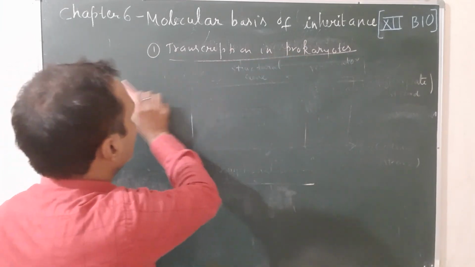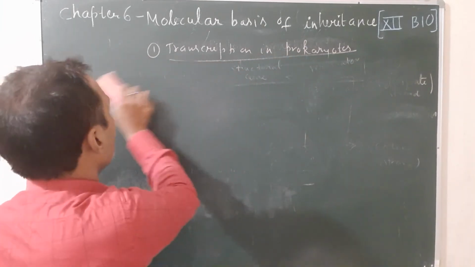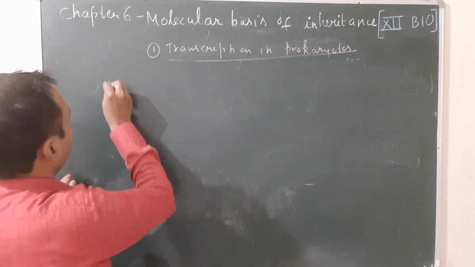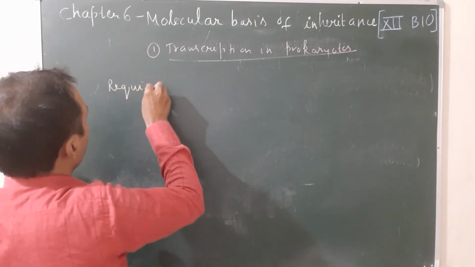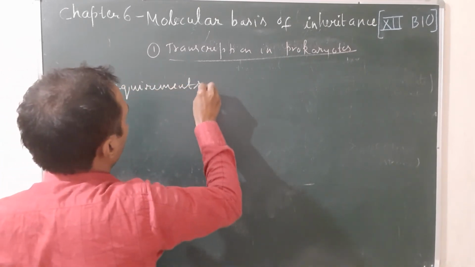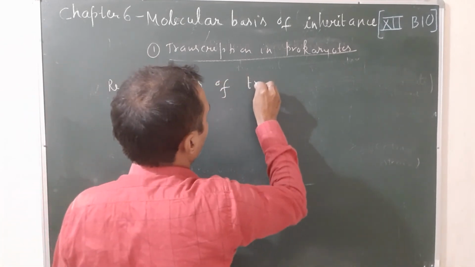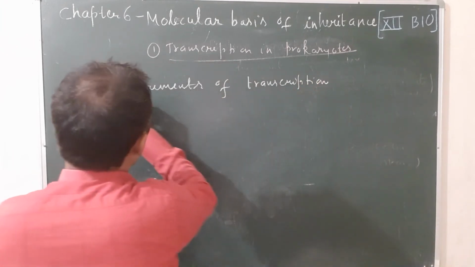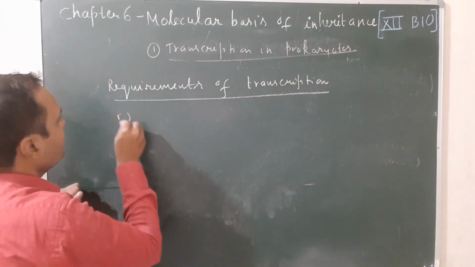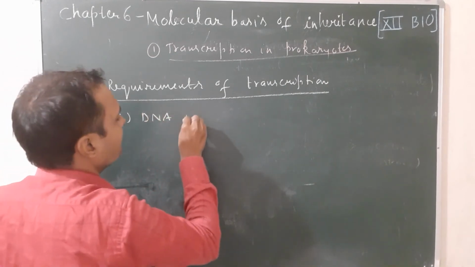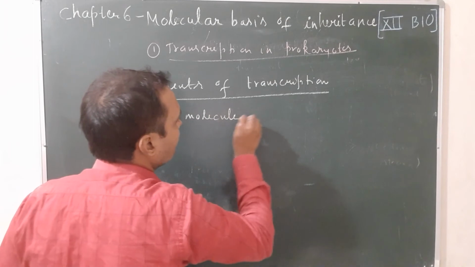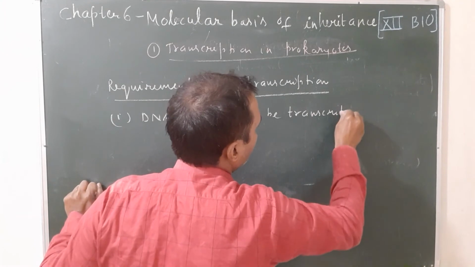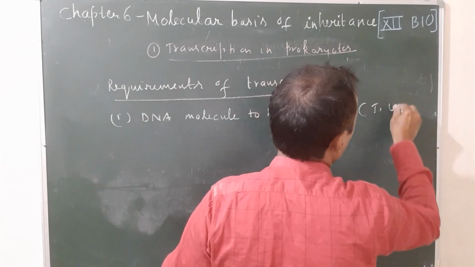Now the next one, requirements of transcription. The basic requirements are: first, the DNA molecule to be transcribed, that is, the transcriptional unit.